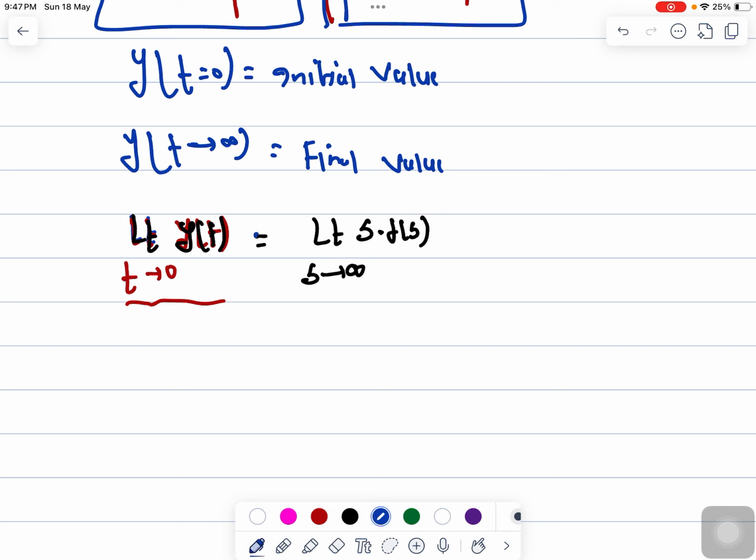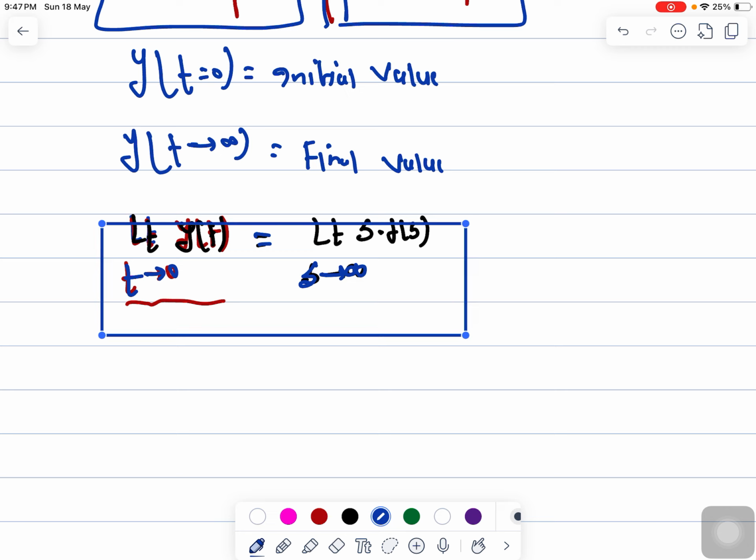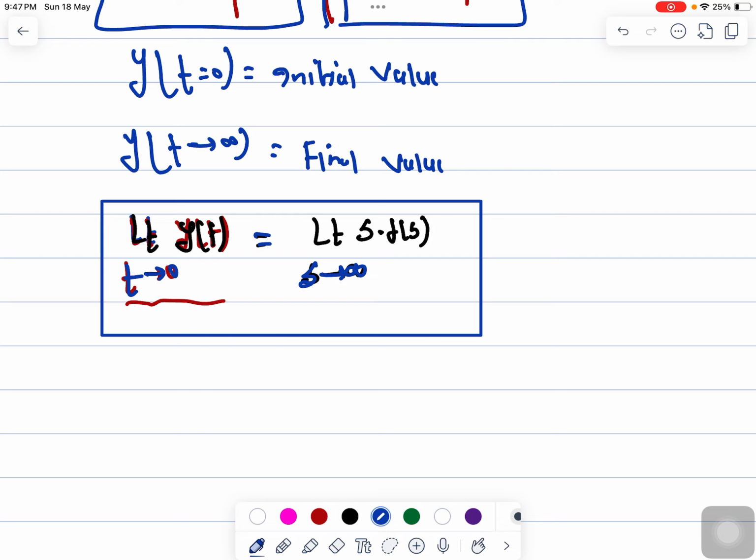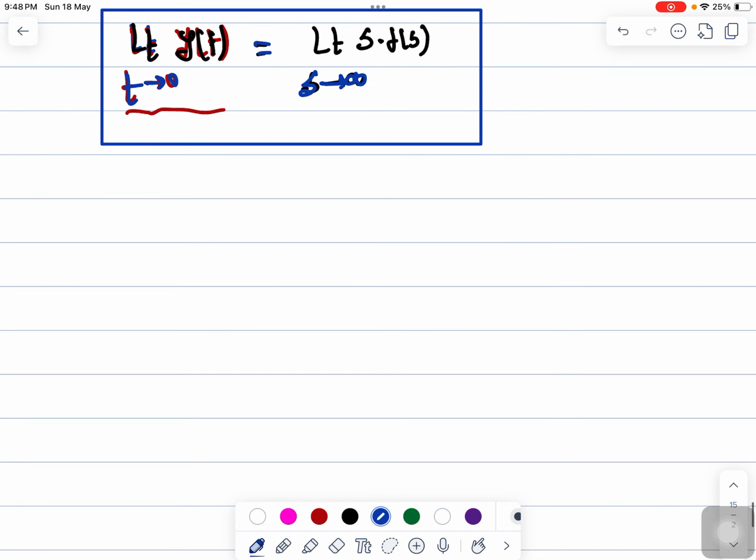So if you want to calculate the initial value of any function, but you have a transfer function in the s domain, you can directly substitute the limit as s tends to infinity of s into F(s), and that will give you the initial value of the transfer function, or the initial value of the process. Now the next one is the final value theorem.